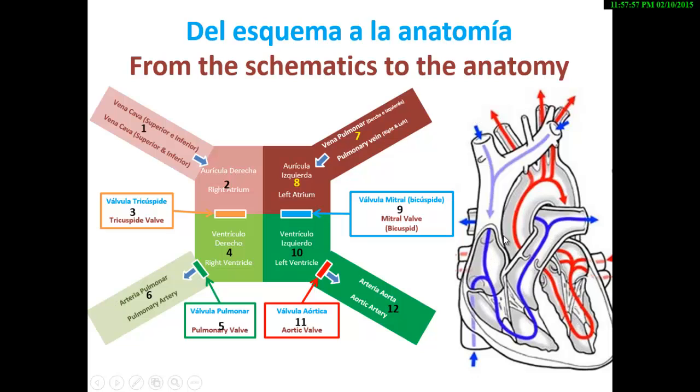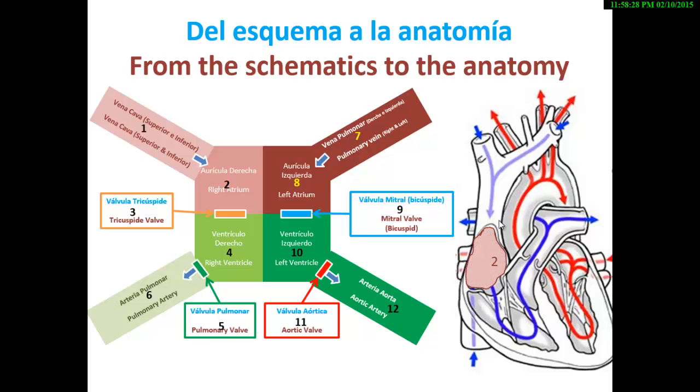Okay, so number one, we said number one was the vena cava. As you can see, you have an inferior that comes from your abdomen, and then you have the superior that's coming from your head, from your upper limbs, and other parts of your body. So you have the superior vena cava and the inferior vena cava that reach which chamber?